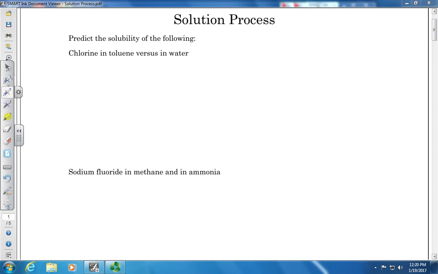And there's one guiding principle that you need to recall whenever addressing these kinds of questions: like dissolves like. If you remember that, then the rest of it is all about just simple dipole moments and geometry.